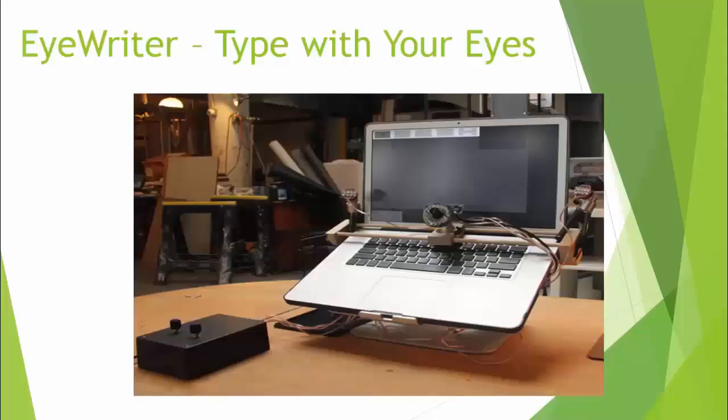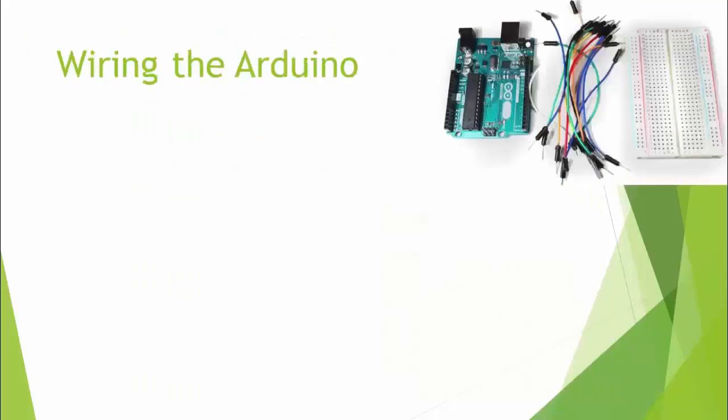A little bit closer to a traditional implementation. Here is an eye writer that watches the operator's eyes and types on a standard computer keyboard based on the position of the operator's eyes, allowing you to type without hands. All right, so there are some clever implementations.